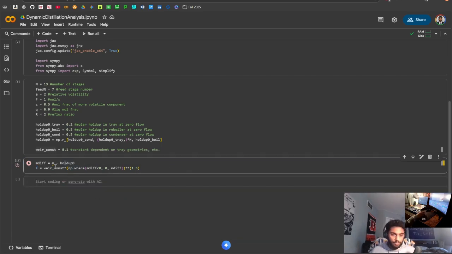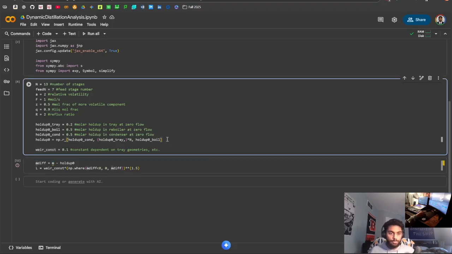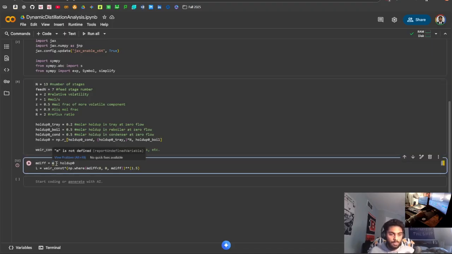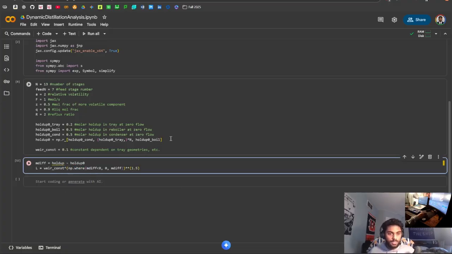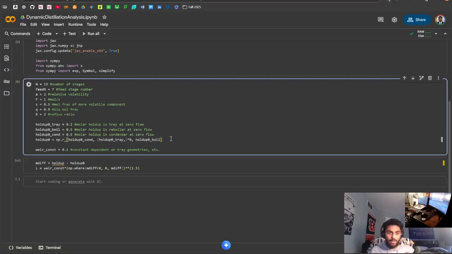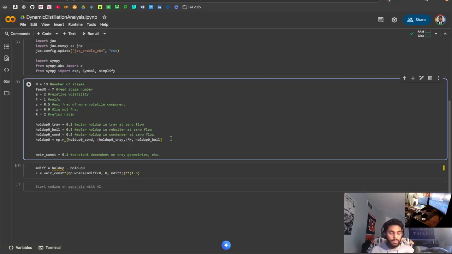So now that we have this here, I'm actually going to program in. Actually, I don't love this just being m, so I'm just going to call this the holdup, and this is just going to be some holdup at some time position later on. And what I'll do is I'll define an initial condition for our holdup.